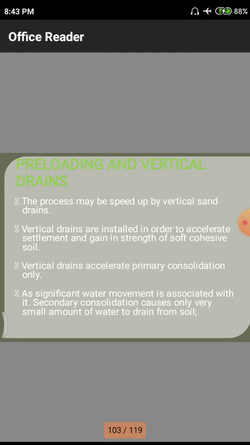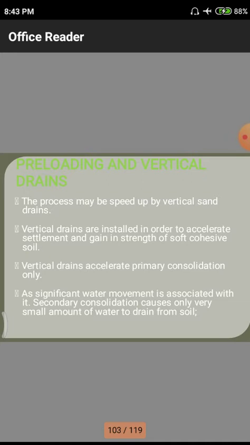Likewise, in this procedure we use sand wicks to accelerate the removal of water and gain strength in the particular soil, so that it will be easy to implement these sand drains in a particular soil along with preloading techniques.